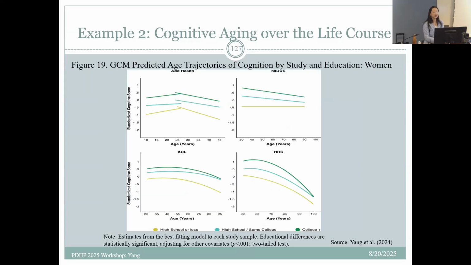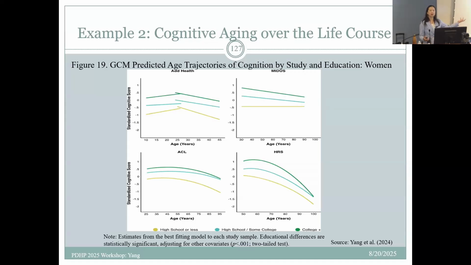Here are the corresponding results by education. We see very similar patterns of clear educational gradients that emerge early in life and largely persist between the highest and lowest educated subpopulations in these studies.